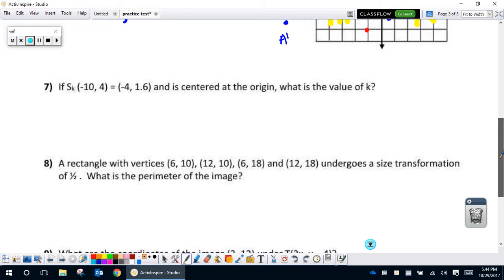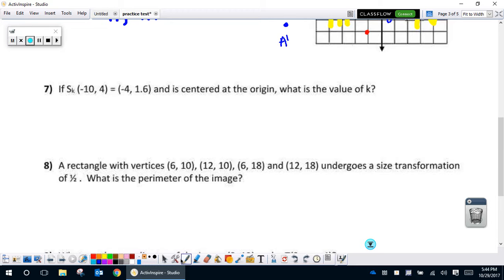Alright, number 7, if a size change is applied to (-10, 4) and you get (-4, 1.6), and center at the origin, what's the value of K? Hopefully you remember that K is the magnitude of the dilation. Okay, and then it's calculated by doing the image over the pre-image.